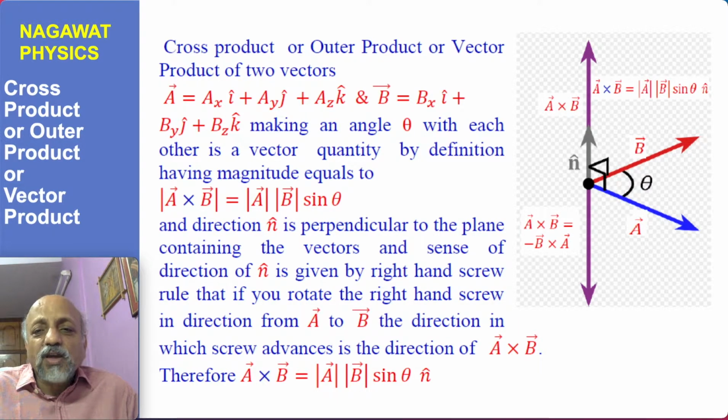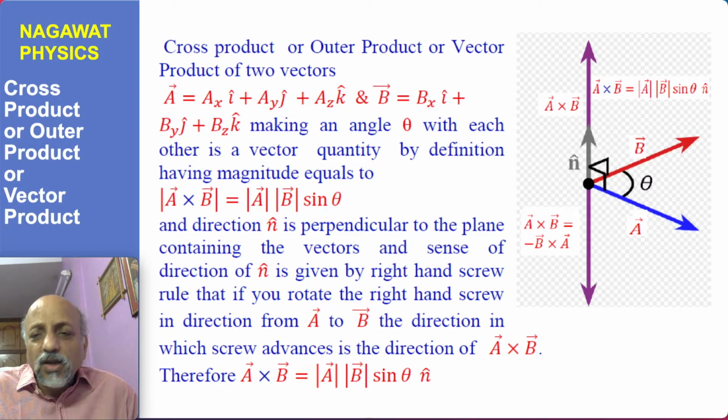Which sense it will have is determined again by the right hand screw rule: if you rotate the right hand screw in the direction from A to B, because A appears first in the cross product, then the direction in which the screw advances will be the direction of A cross B.